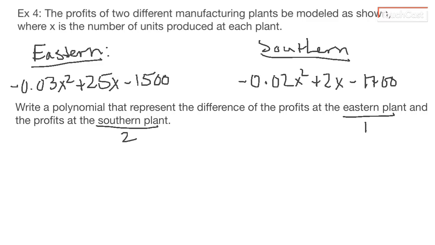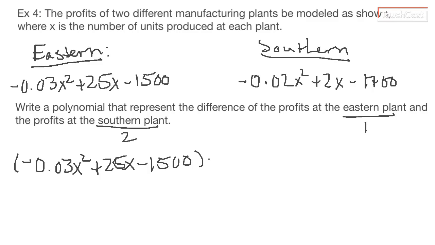So we're going to have in parentheses a negative 0.03x squared plus 25x minus 1,500. Difference means to subtract negative 0.02x squared plus 2x minus 1,700. So we're going to subtract those two polynomials.